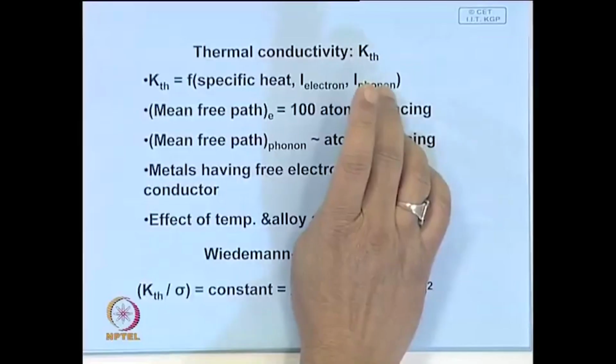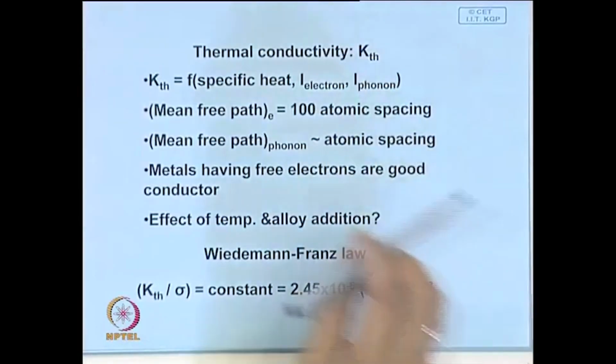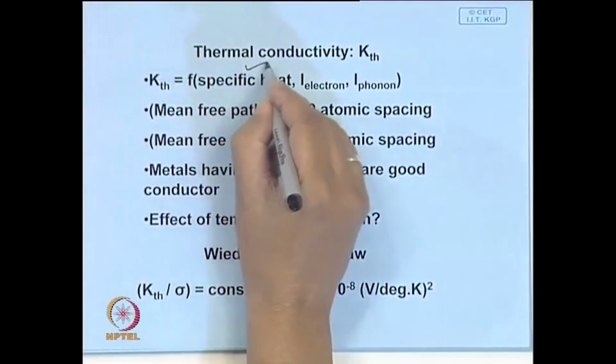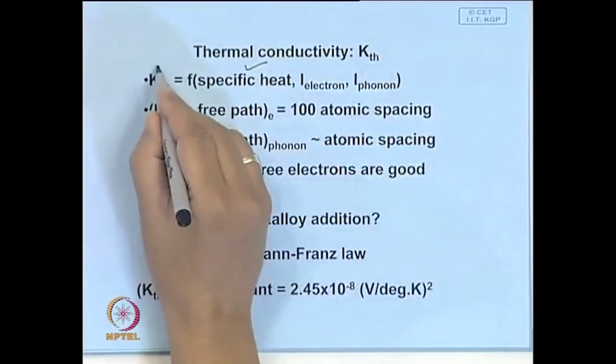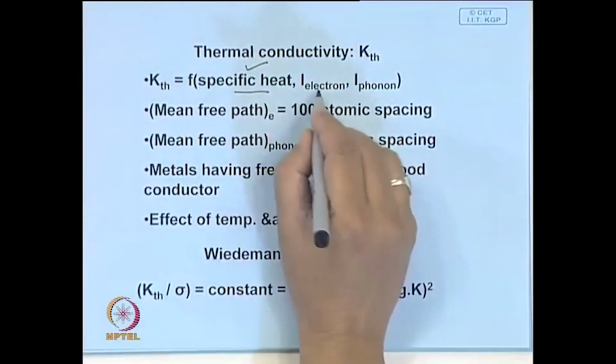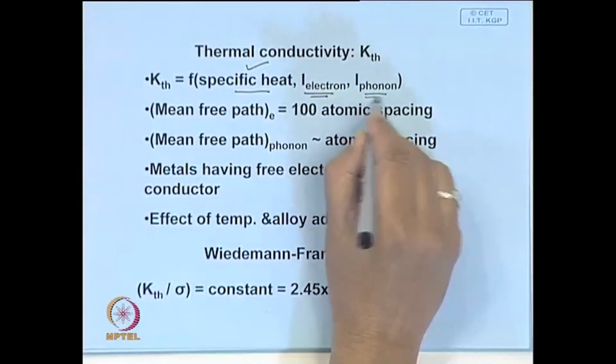And apart from that, you have these atomic vibrations, which you can say are emitted as phonons, and the displacement of these phonons, these wavelengths. So let us look at this. Thermal conductivity will be a function of specific heat, and the mean free path of electron and mean free path of phonon.